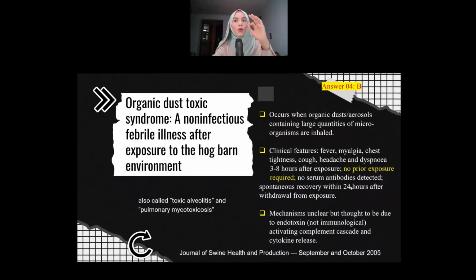Highlights are no prior exposure required, no serum antibody detected, and spontaneous recovery within 24 hours after withdrawal of exposure. The mechanism is unclear, but may be from endotoxin, not immunological, activating the complement cascade and cytokine release.